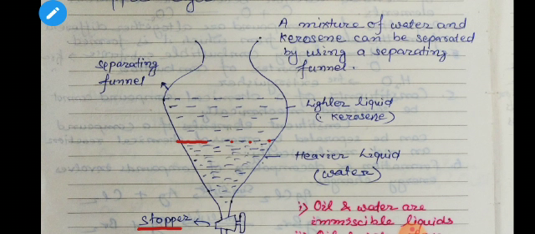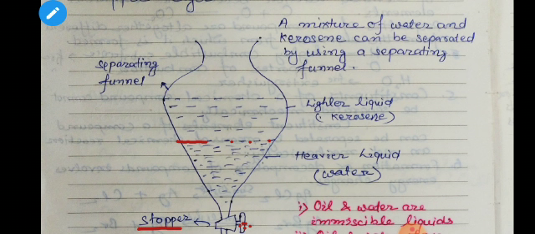Now open the stopcock. Here we'll open it. This stopcock, and the lower layer of water moves out and gets collected in the beaker, whereas kerosene oil remains in the funnel and can be recovered later on.